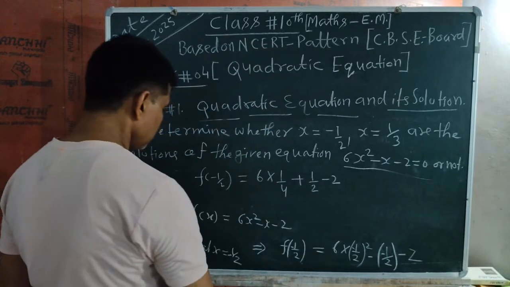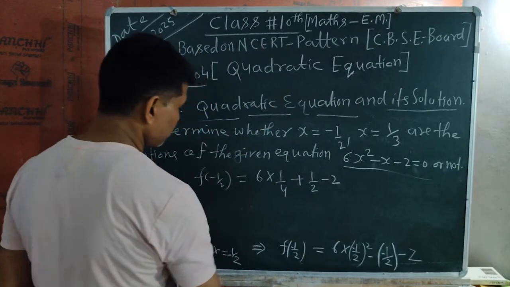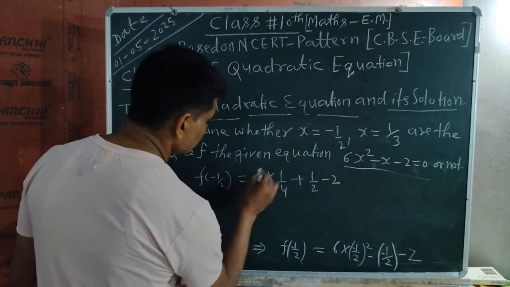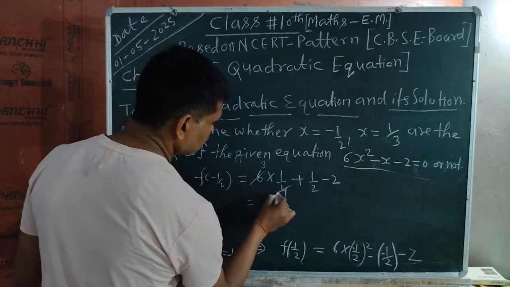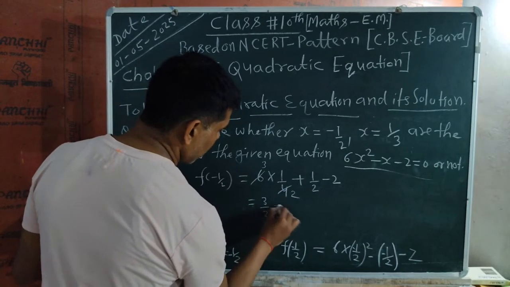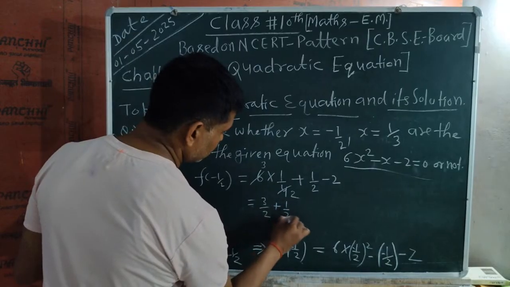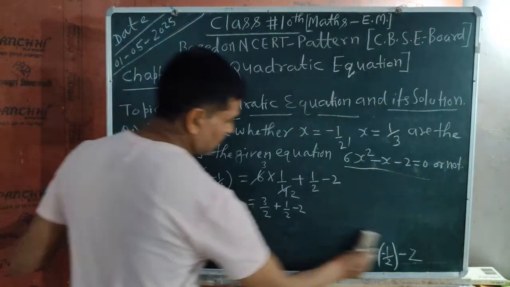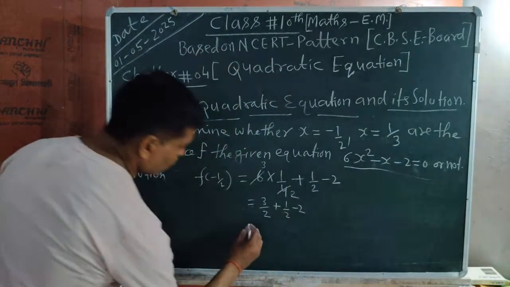Okay, student. Further I will simplify. After simplifying we will get its value, that is 6 by 4. So here will be 3 divided by 2, and plus here I will write 1 by 2, minus 2. Okay, students. So further I am going to also erase this one. I am going to simplify.